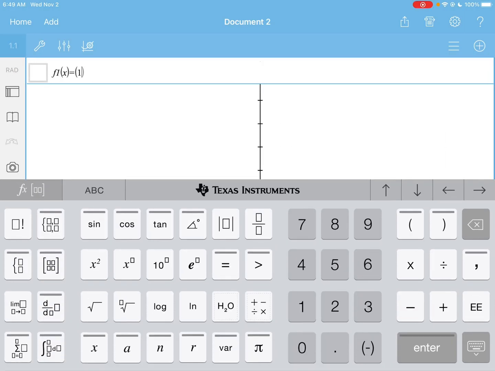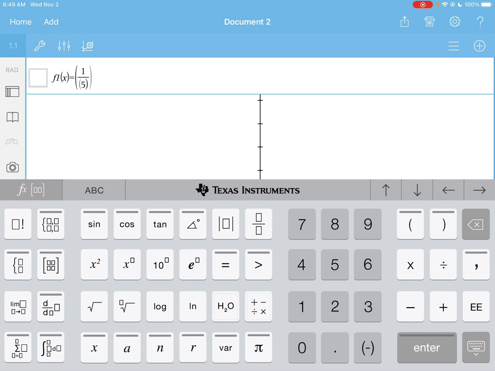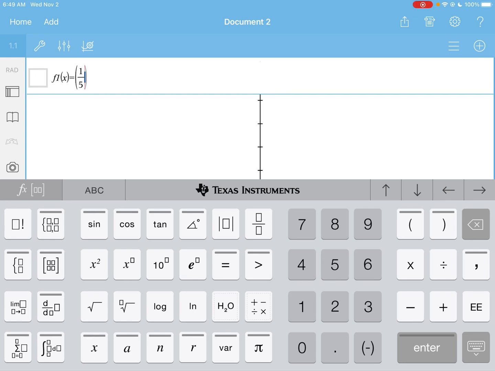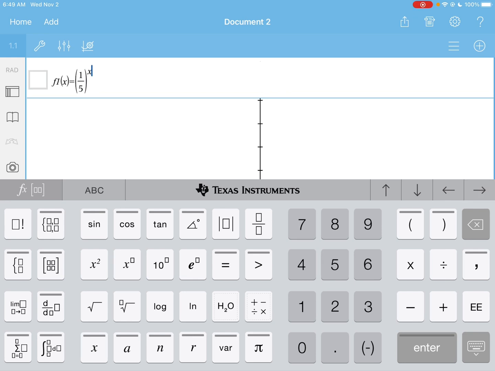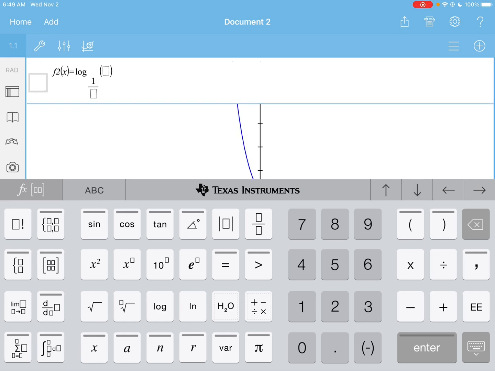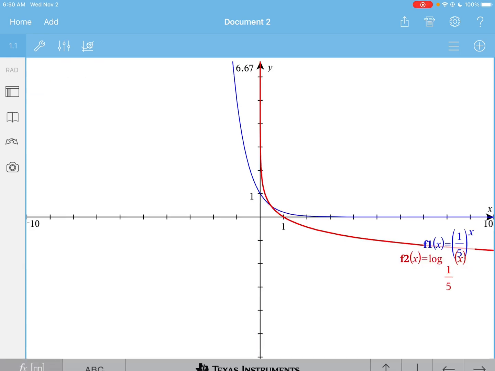First, I start by typing in my 1/5 to the x power, and then I go down and type in log base 1/5 of x, and we press enter.